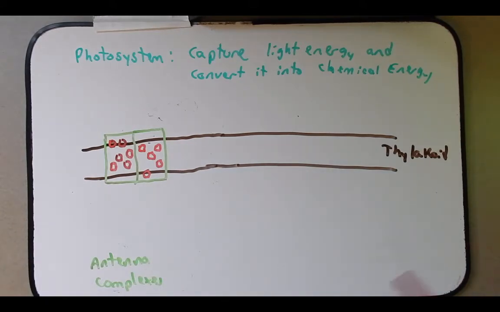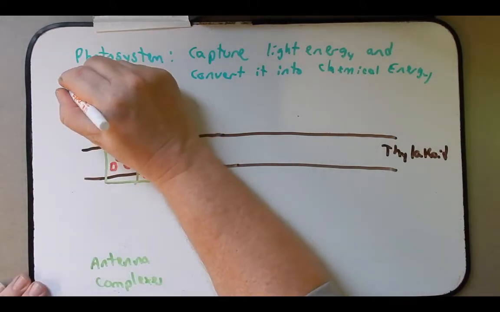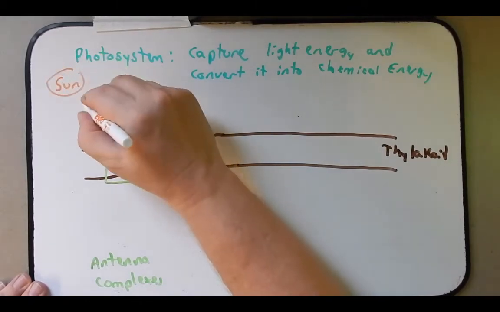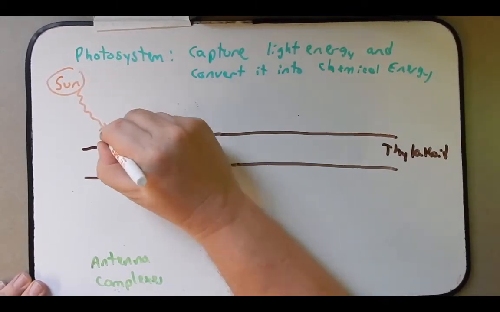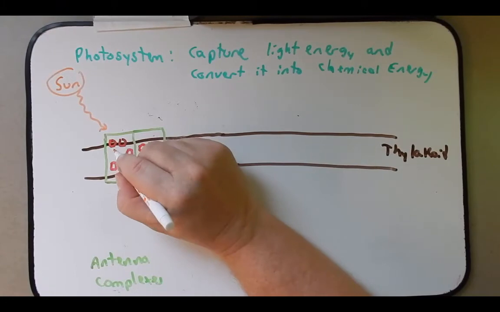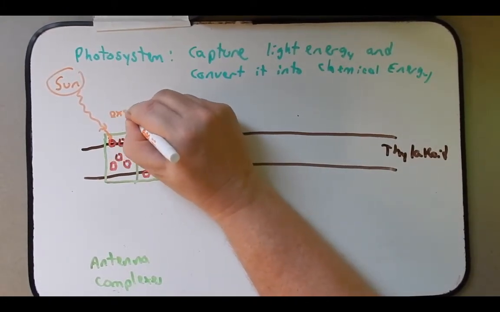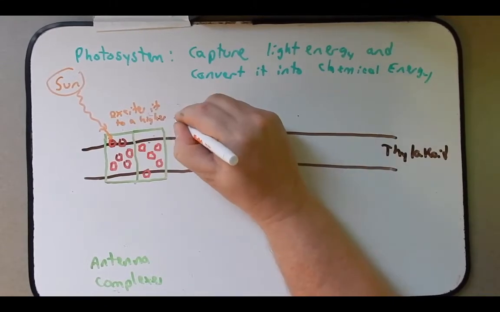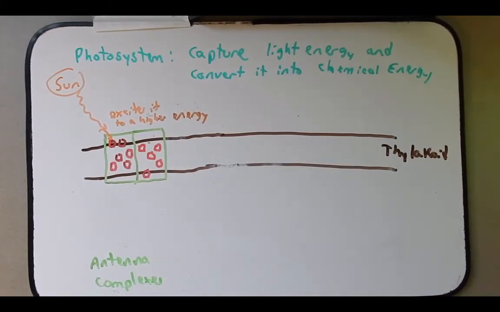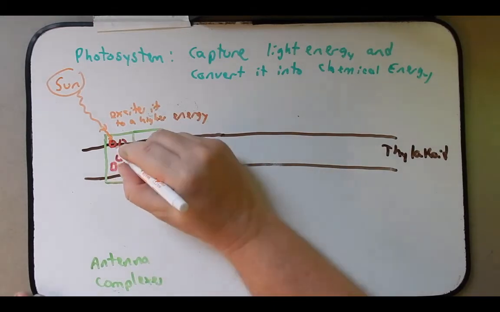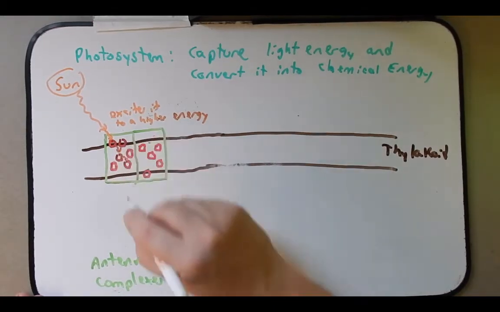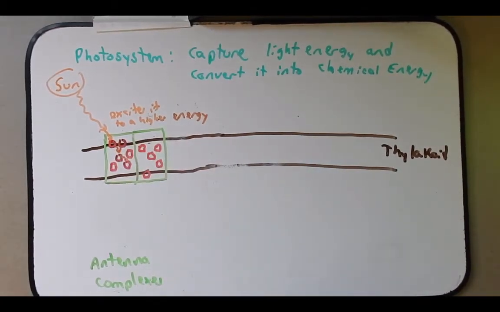And so why is it transferring energy? Well, remember, we said we have our very good friend here, the sun. It's shooting down photons here, and when it hits a chlorophyll molecule, it excites it to a higher energy. And remember, that higher energy makes it very unstable, and it wants to release some of that energy so it can become stable again. And it does so by passing it on to chlorophylls that have a lower energy.